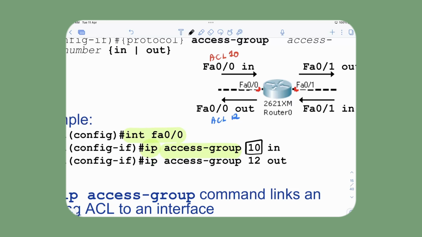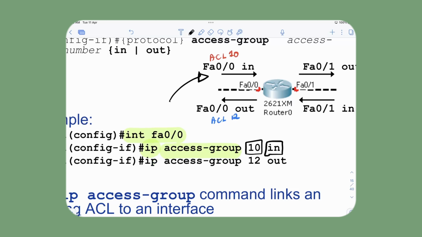Understand or not? And then the last parameter is the direction, in or out. So you see the command is so short. Only ip, followed by access-group, followed by your ACL number. Last one is the direction. So the first example, if I want to put ACL 10 here, in FA00, in the direction going into the router, I just write 10 in, like that only.